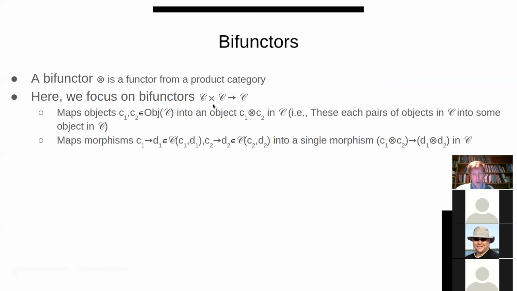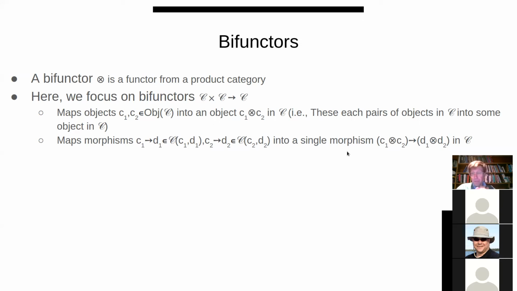which is a category where each object is just a pair of objects from C, any two objects from C, and where the morphisms are pairs of morphisms from corresponding objects in C. And a bifunctor is going to map that into C itself.